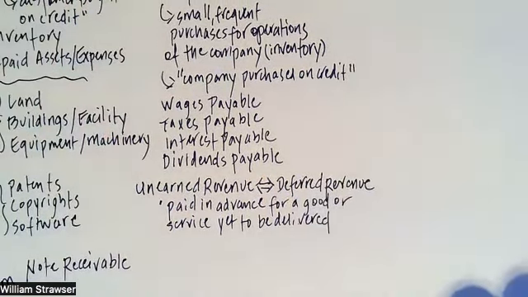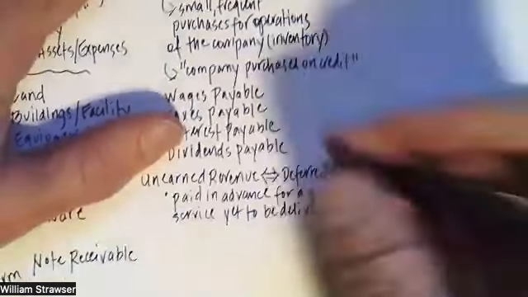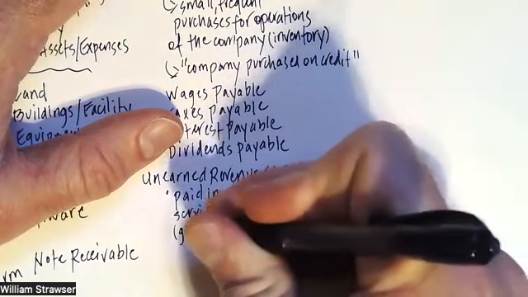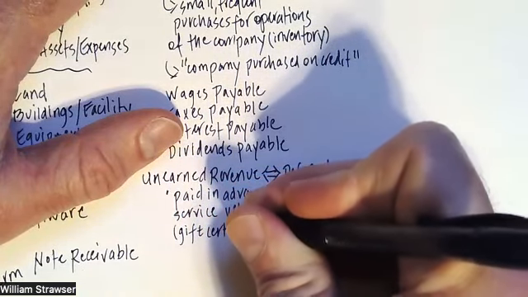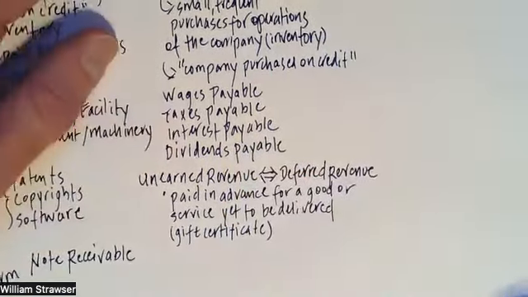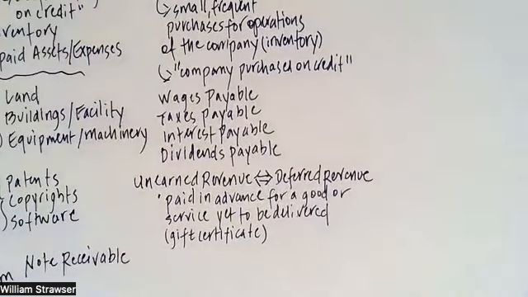So I'm the company. The easiest thing to think of in this case is a gift certificate. I work for a restaurant. A customer brings me money and they get a gift certificate. They don't get anything from my company today. I received that money, but I haven't done the work yet, so I can't record the revenue.